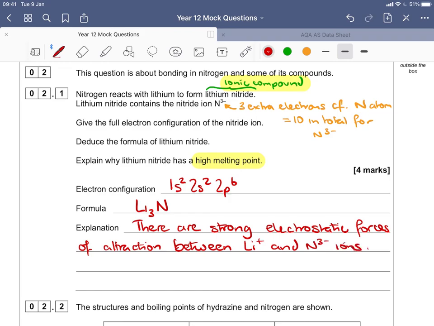It's between the opposite charges. So we got 4 marks in this question. Obviously, that was 1, the electron configuration. Then it's the strong forces of attraction is a 3rd mark, and then saying what it's between is the 4th mark.